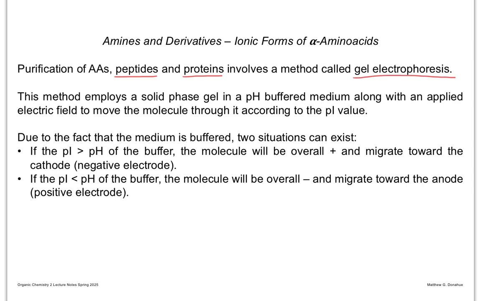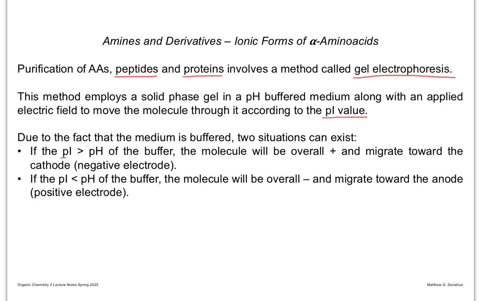The method employs a solid phase gel in which a pH buffered medium has an applied electric field, and the molecule will move through that gel according to the pH value and the electric field that's applied. And really the pI value is important because you can make things migrate based on the overall charge of the molecule. So due to the fact that the medium is buffered, again, that's the pH value, the two situations can exist.